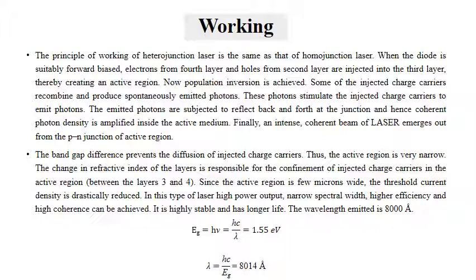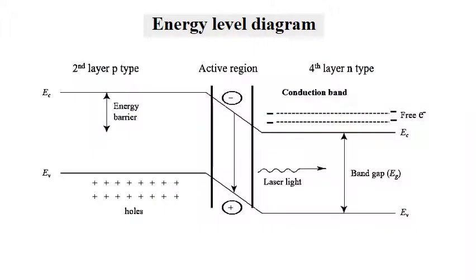The wavelength emitted is 8000 Angstrom units. Here, the energy gap is 1.55 electron volt, and hence the wavelength of the laser emitted is 8014 Angstrom units. This is the energy level diagram.